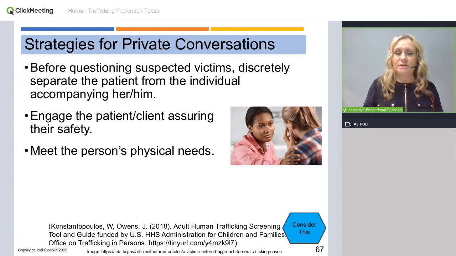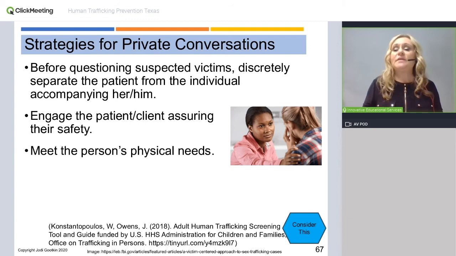The first step in that is to separate them from the individual accompanying them. You need to do this in a discreet manner, maybe by saying you need to take a urine sample or expose a particular area of the body that you can't have someone else present for, so that you can get them alone.